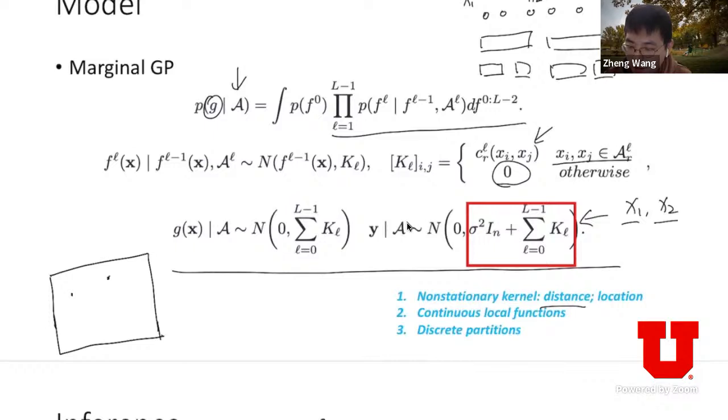You have partition points here, and using the perpendicular bisector, you can partition the space, here a 2D space, in this way, and then use some tree or graph algorithm to group them into different levels.